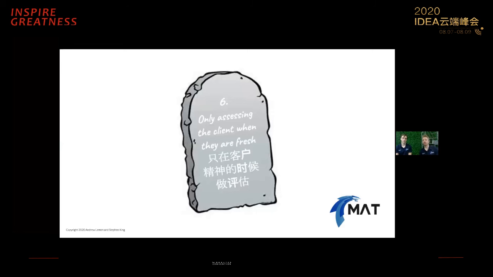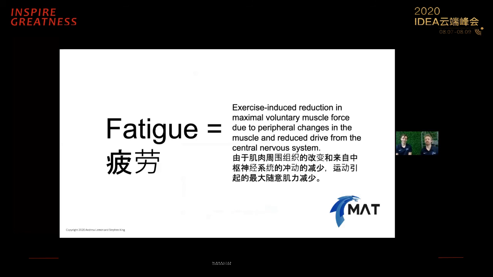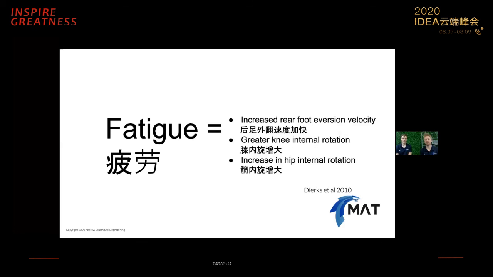Number 6, Andrew, only assessing the client when they're fresh. So fatigue is usually when someone has a reduction in their strength due to the demands on their nervous system. And fatigue can lead to lots of things in the lower limb in runners.